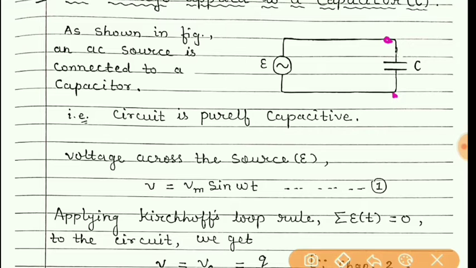Then in the next lecture we connected an inductor, and now we are connecting a capacitor. So we have studied the purely resistive circuit, the purely inductive circuit, and now it is the purely capacitive circuit.